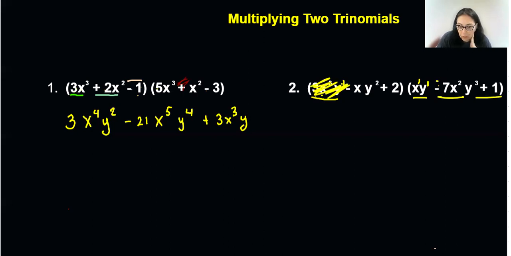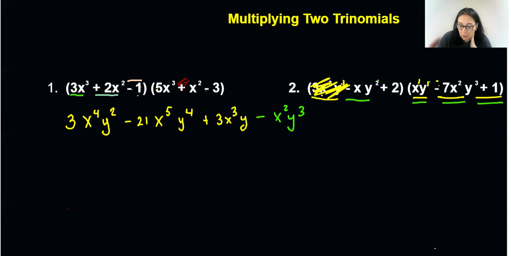Here we go. Negative xy times each one. A negative times a positive is a negative. x times x is x squared. y to the 2 times y to the 1 is y cubed.